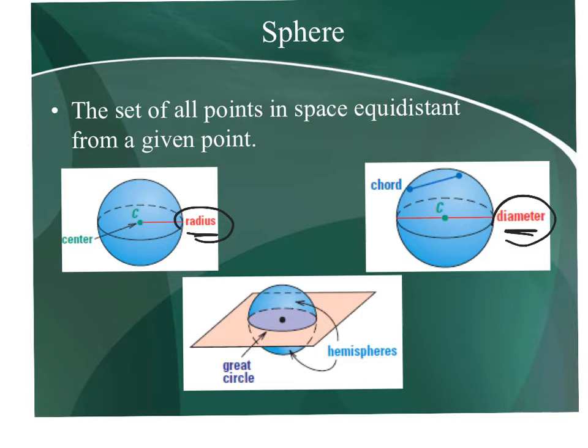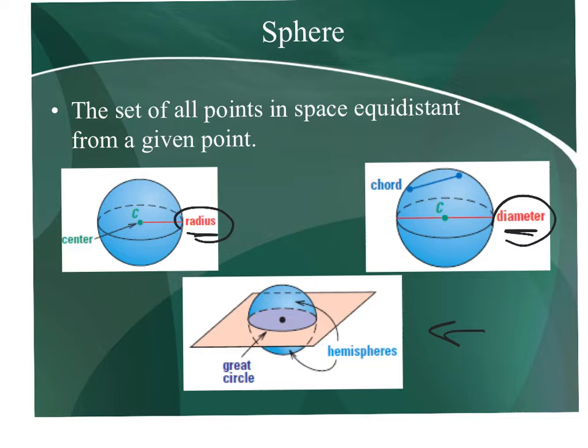Pretty good so far? Okay. All right. So down here, before we talked about cross sections at the beginning of the chapter. If we were to slice a sphere in half with a plane and you lift it up, the shape that you would see would be a circle.